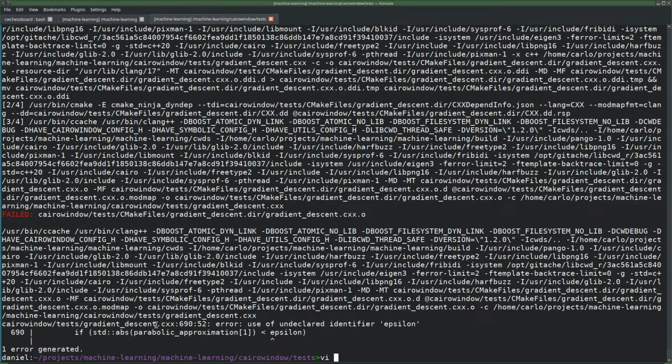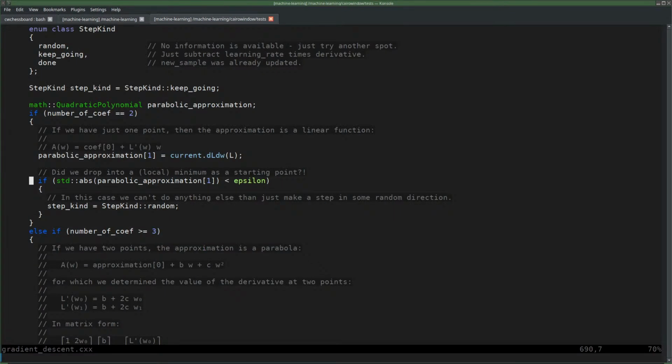Oh, I didn't define my epsilon. Okay, what is epsilon? You don't know what you're dealing with, in which scale. We don't have a scale, so I don't know. Epsilon can be anything.